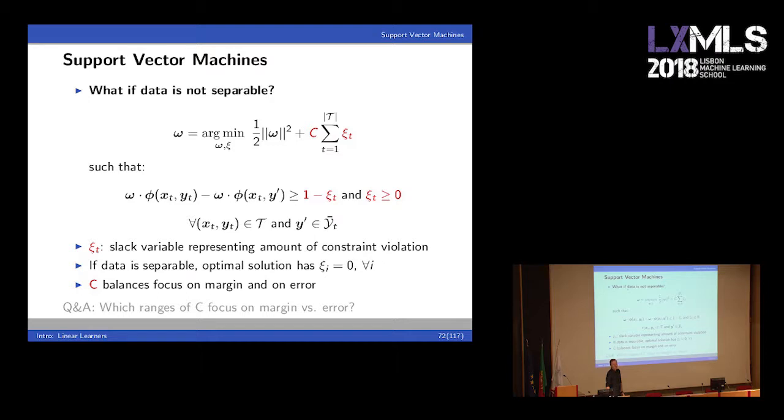Yeah? Can you explain how C depends on the number of training samples? So here there is no normalization over the number of training samples.